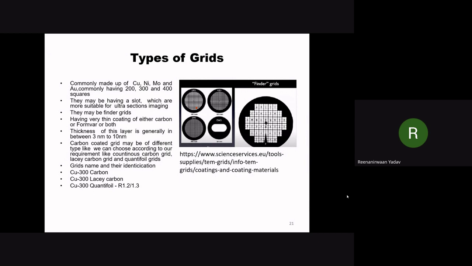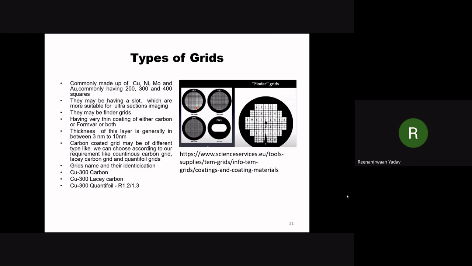It may have a continuous carbon over it, and it may have holes in it, which we call a holey grid. And if the holes are arranged in a particular pattern, we call them quantifoil grids. And this type of grid helps us in automation of our data collection in cryo-EM. Or they may be lacy grids, where the holes are cut in an irregular manner and have irregular size and shape.